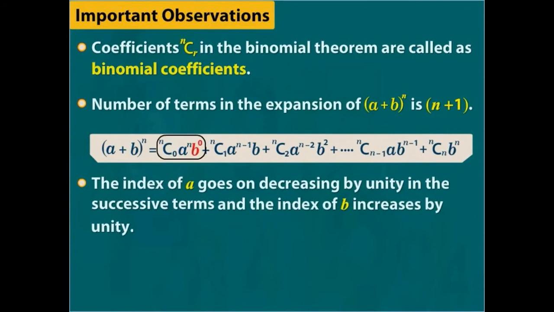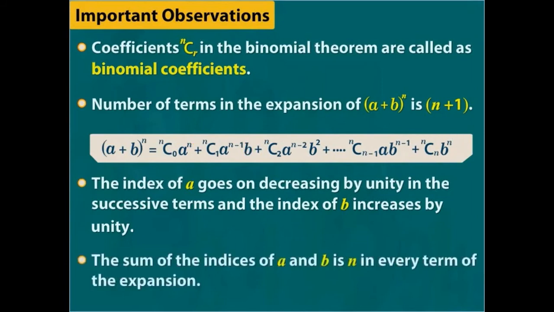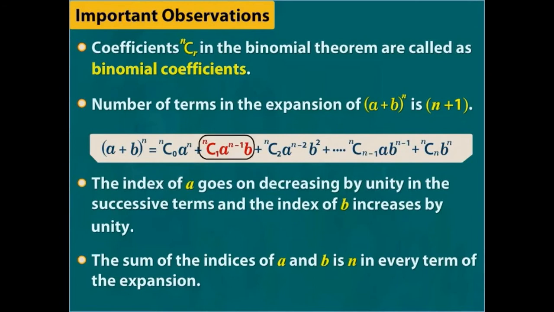Here 0 is in the first term, 1 in the second, and so on, ending with n in the last term. We can also observe that the sum of the indices of a and b in the first term is n plus 0 equal to n, n minus 1 plus 1 equal to n in the second term, and so on, ending with 0 plus n equal to n in the last term.